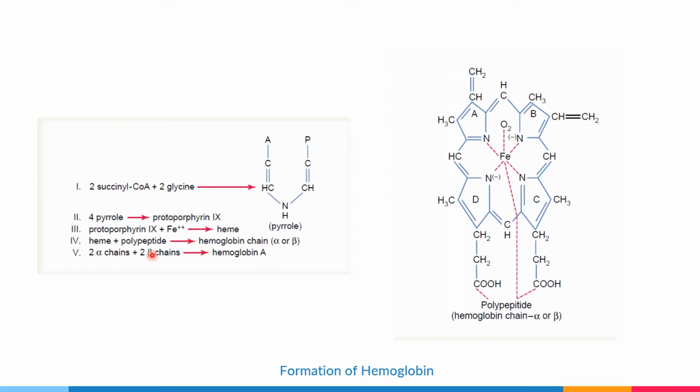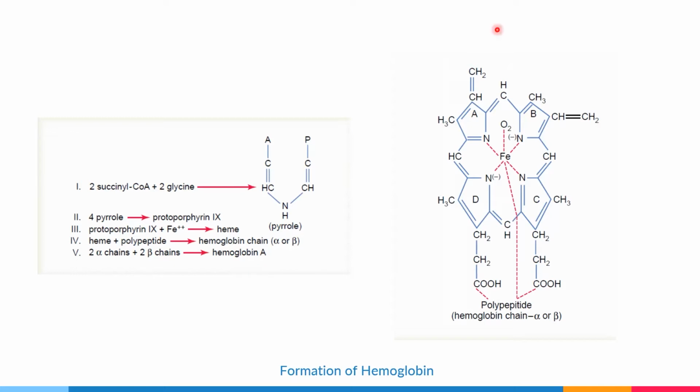Heme binds to the polypeptide part of hemoglobin to form a hemoglobin chain, which can be either alpha or beta. Two alpha chains of hemoglobin bind to two beta chains of hemoglobin to form the final hemoglobin protein.